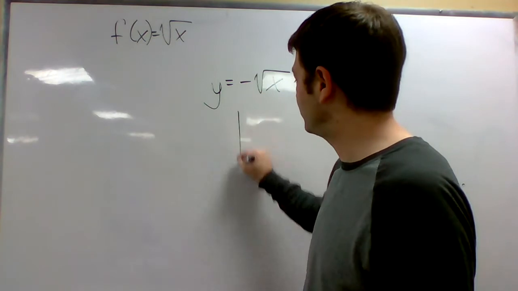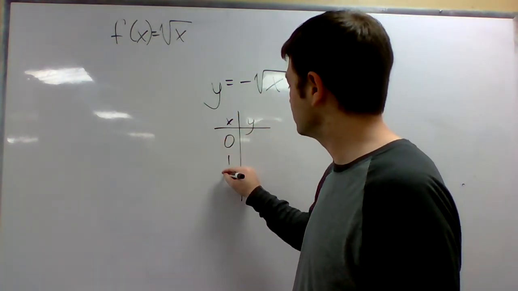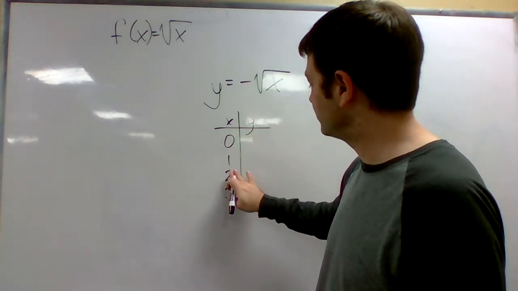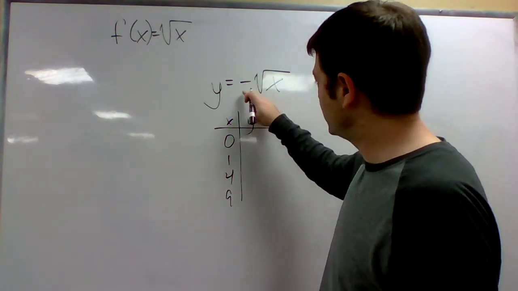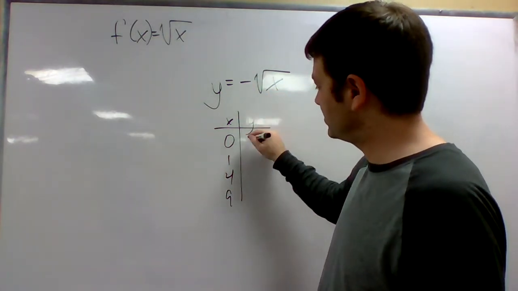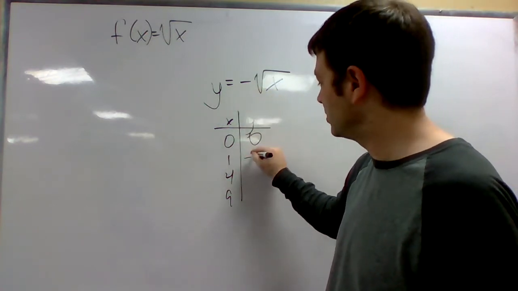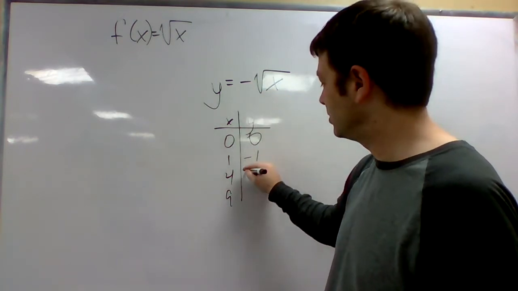If I use that table from before, if I plug in 0, I get 0, negative 0, 0. If I plug in 1, square root of 1 is 1, negative 1. If I plug in 4, square root of 4 is 2, negative 2.